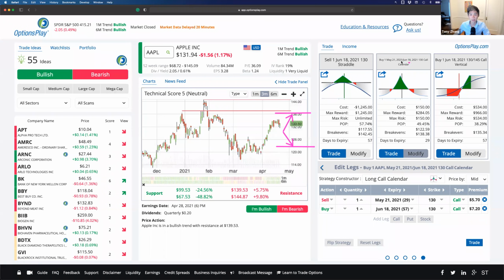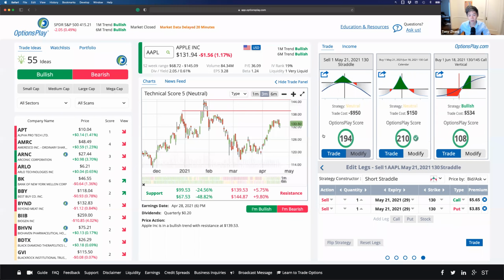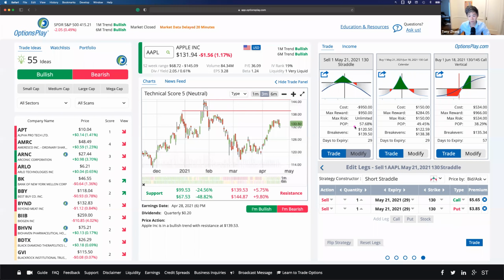Now keep in mind that this is also for the May expiration. So there's only 29 days to go versus this one I have 57 days to go. So you're not comparing apples to apples necessarily. Here, let me do this just so I can show you this using the May expiration. If I use the May 130 calls, as you can see, that's my new range. The two ranges are not too different from each other, 120.55 versus 122.